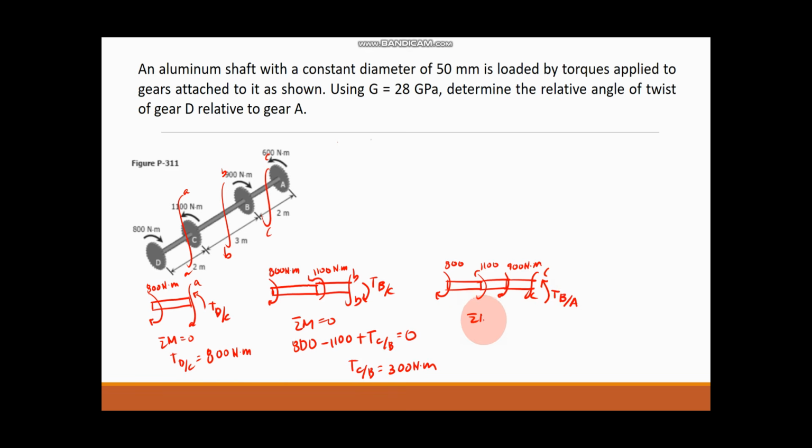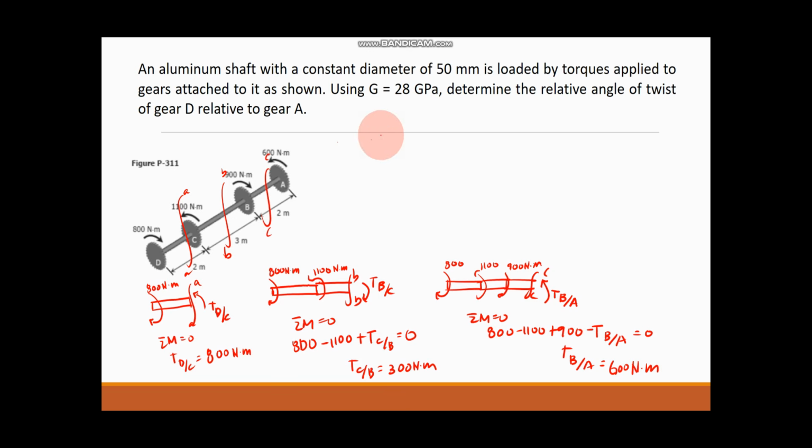So summation of moment is equal to 0. So 800 minus 1100 plus 900 minus the torque between B and A is equal to 0. Therefore, it is equal to 600 Newton meter.